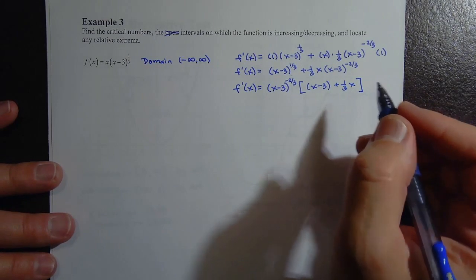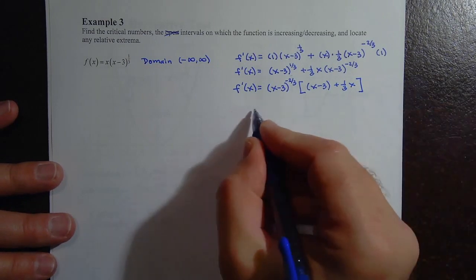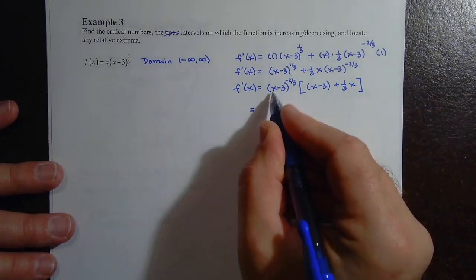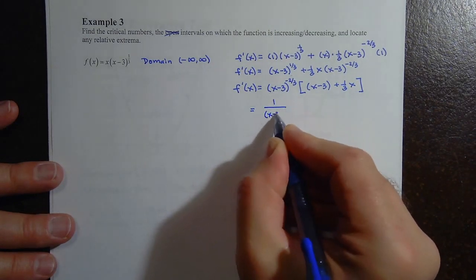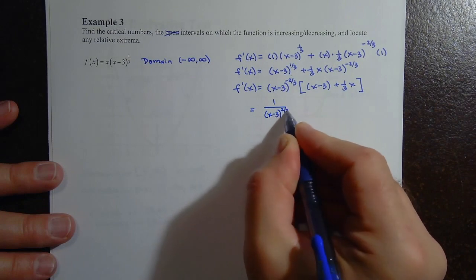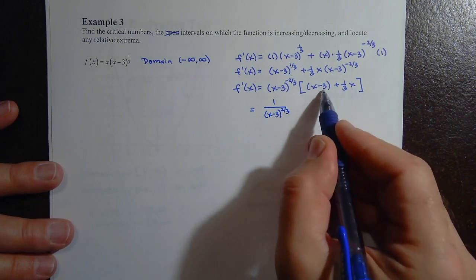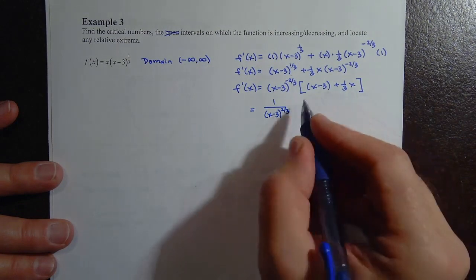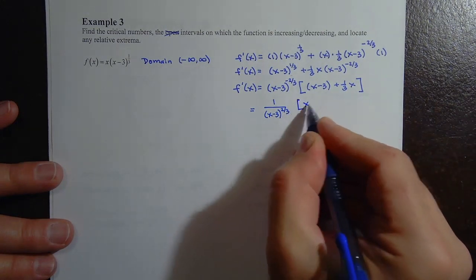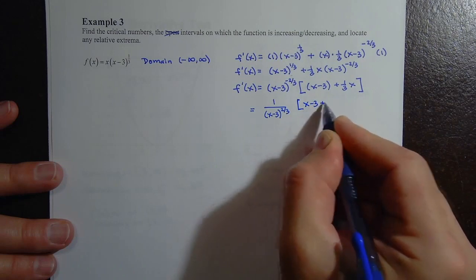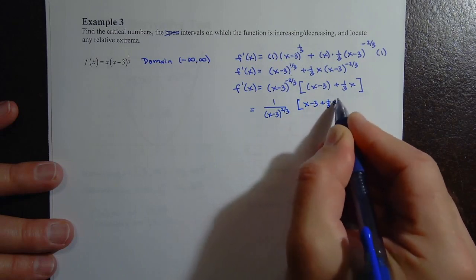And then this becomes 1 over x minus 3 to the 2/3 power. This is x minus 3 plus 1/3 x, I should say.